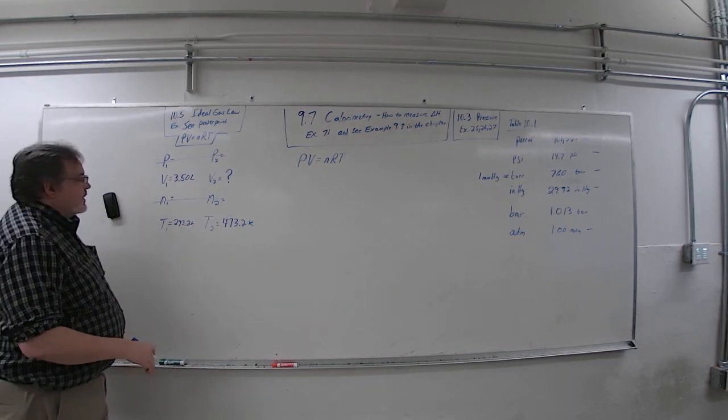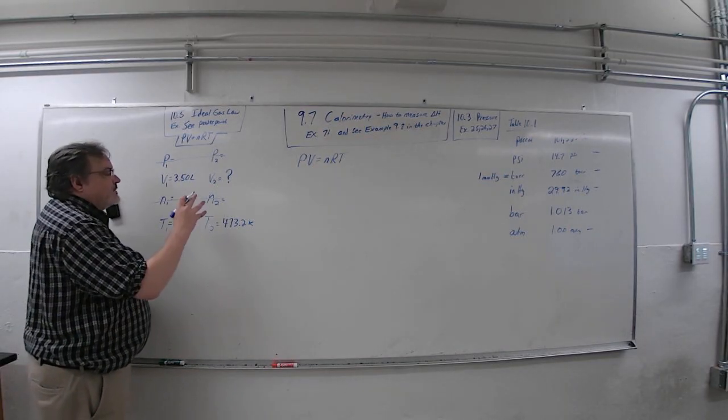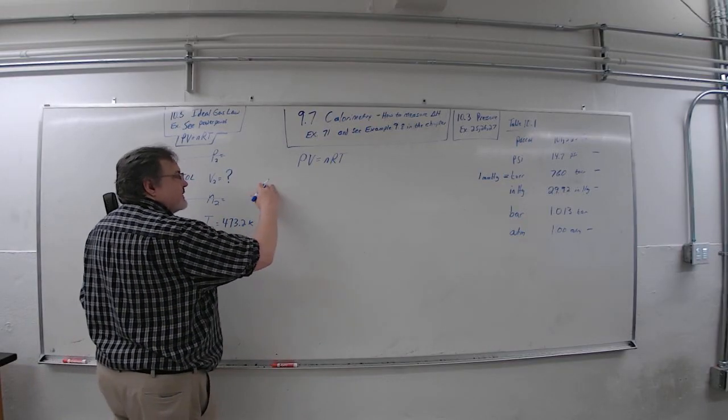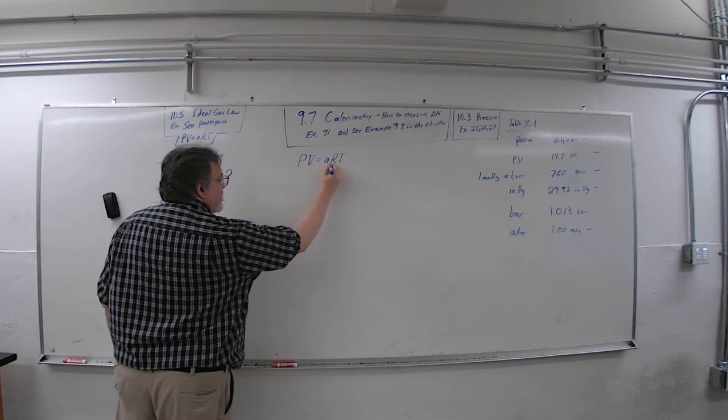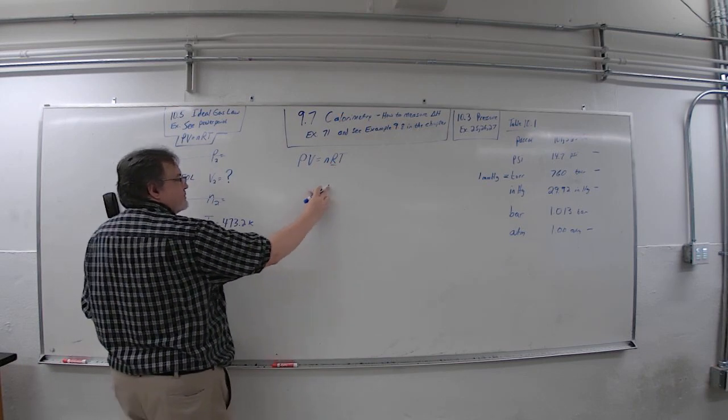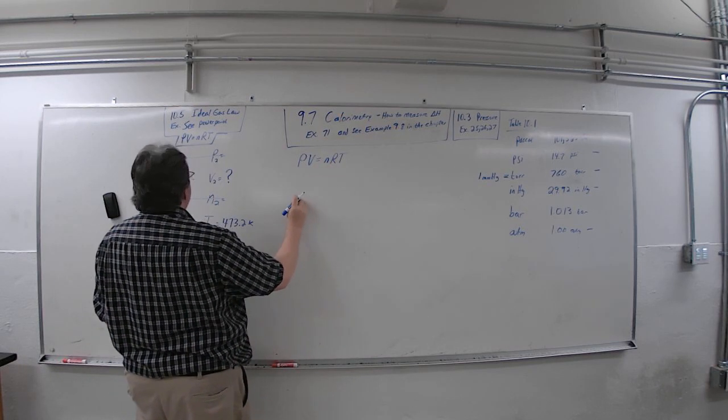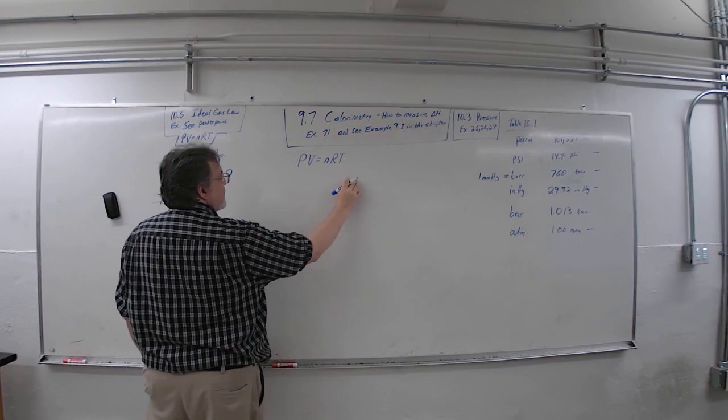Okay, this is what I wanted to show you. The things that are changing, I want on the left side. The things that are not changing, I want on the right side. And R never changes. So, algebraically, I need to get the P over here.